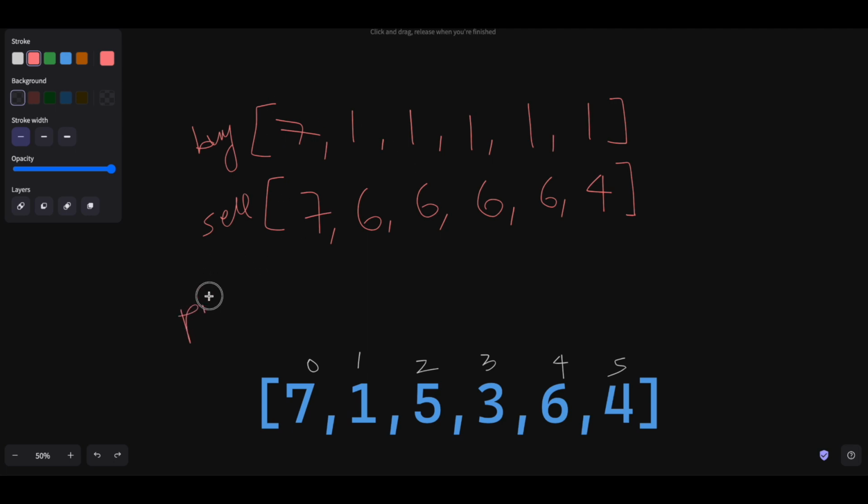Then if we go through the profits, we see that we cannot do it on the same day, so we start on the second day and say if we buy for 1 and sell for 6, our profit is 5. And then we check the profits going forward and return whatever is the maximum.